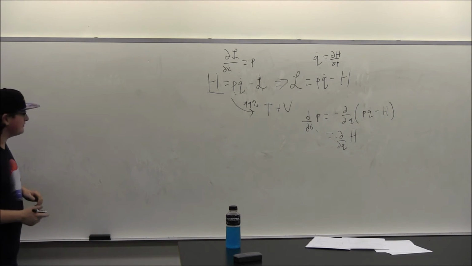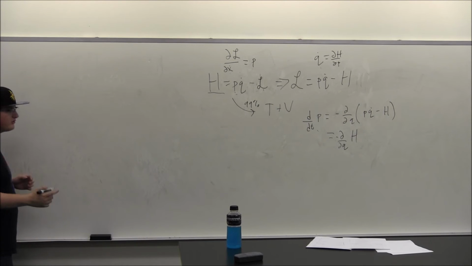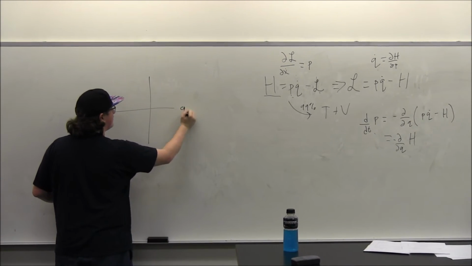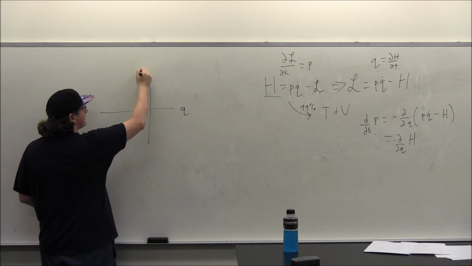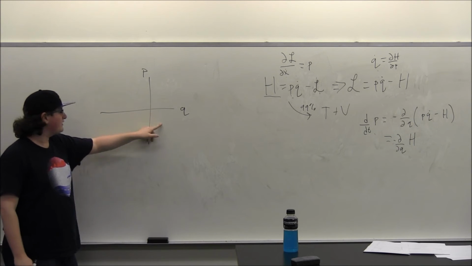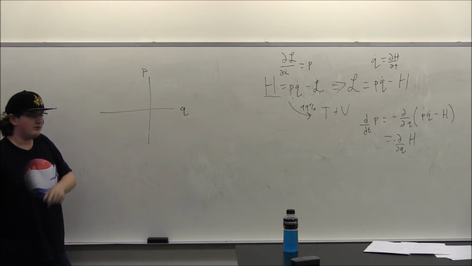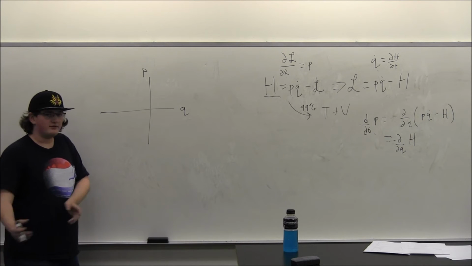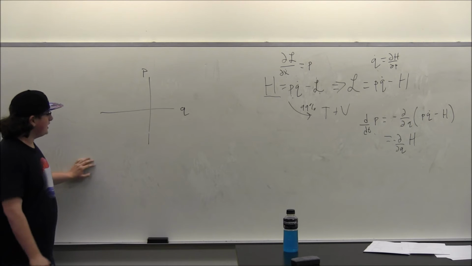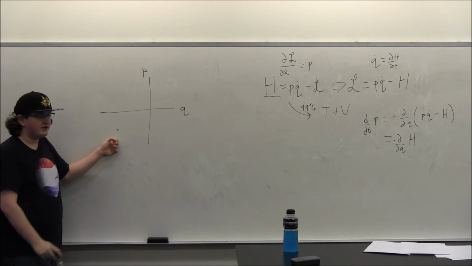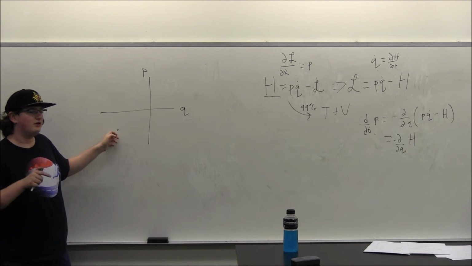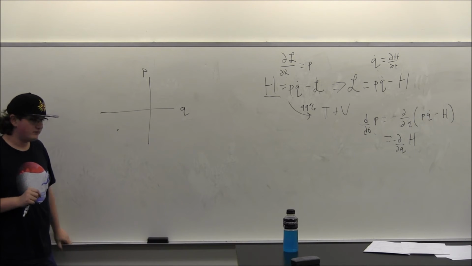But basically, for the simple one-dimensional motion case, we put our position on the x-axis and our momentum on the y-axis. A point in phase space does not correspond to a point in real space, or our normal positional space that we interact with every day. Instead, it corresponds to the position and momentum. So a point here specifies the system.